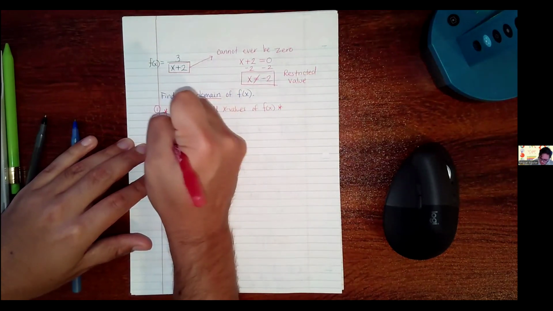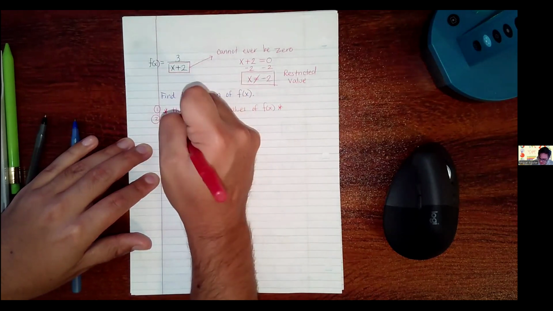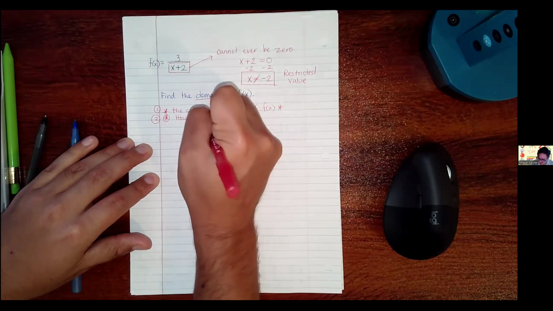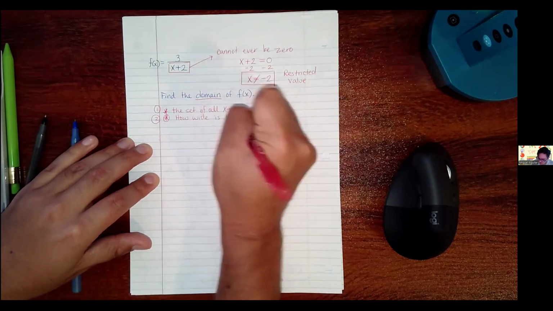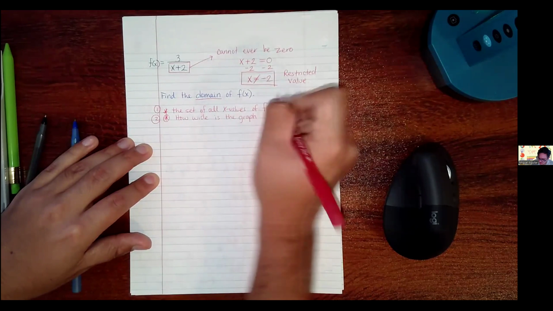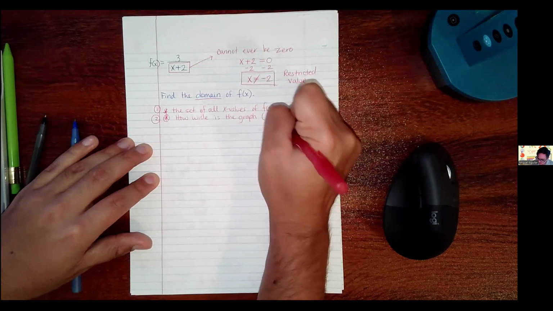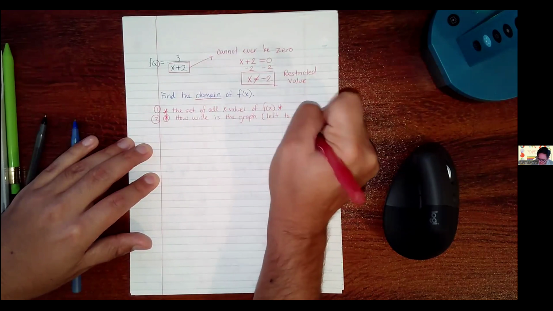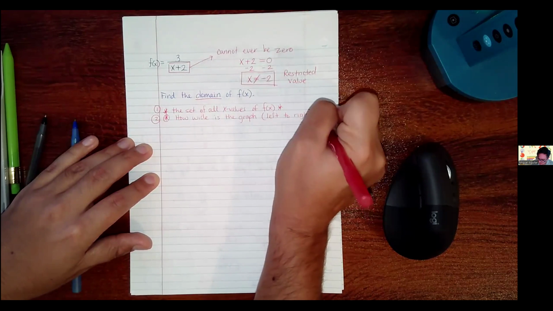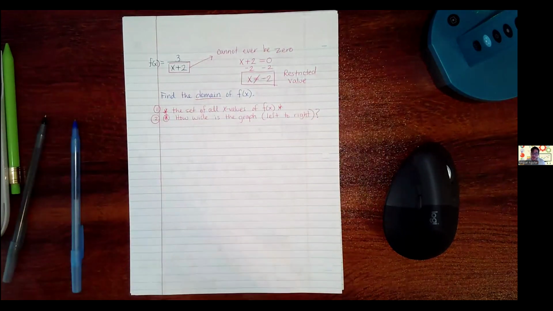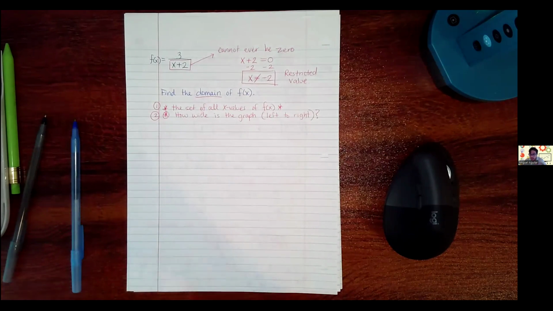That was one definition that we gave for the domain. The other definition when we were looking at graphs is we said it's how wide is the graph? And we go from left to right to sort of use interval notation to describe how wide the graph is.